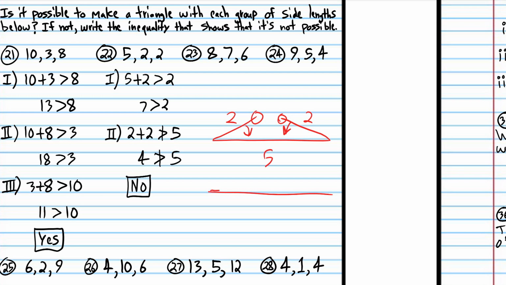So even if you bring them all the way down, they're going to stop here. There's going to be a gap. You've got 2, 2, and this side is 5. So this gap here is going to be 1 unit long, and you're just not going to be able to connect those sides. So that's why this works.